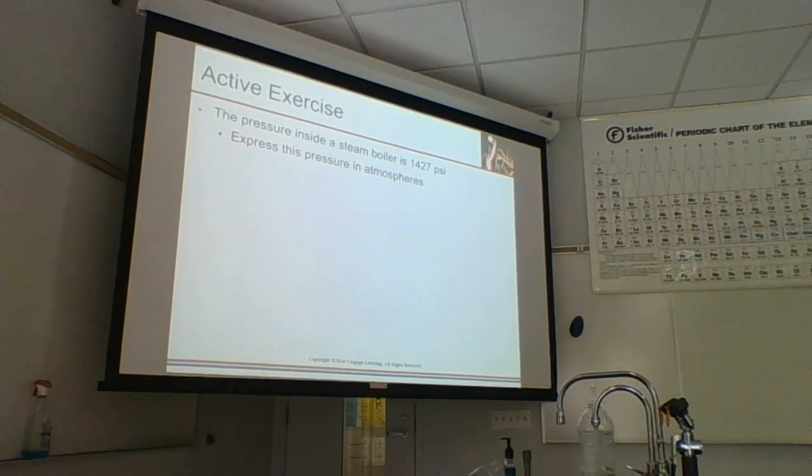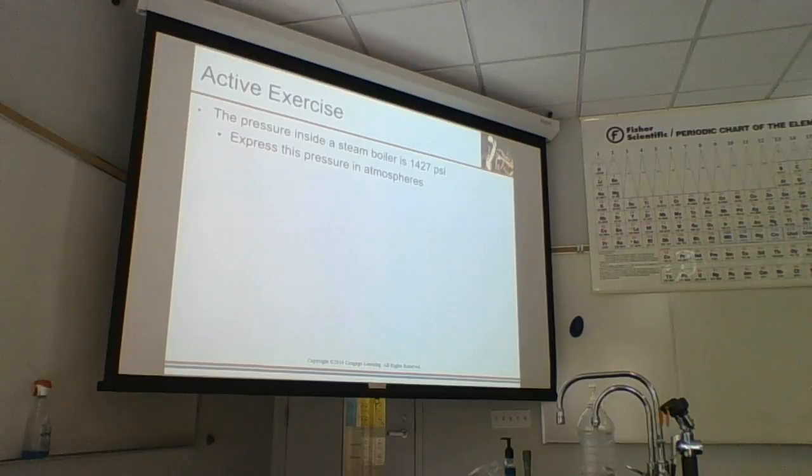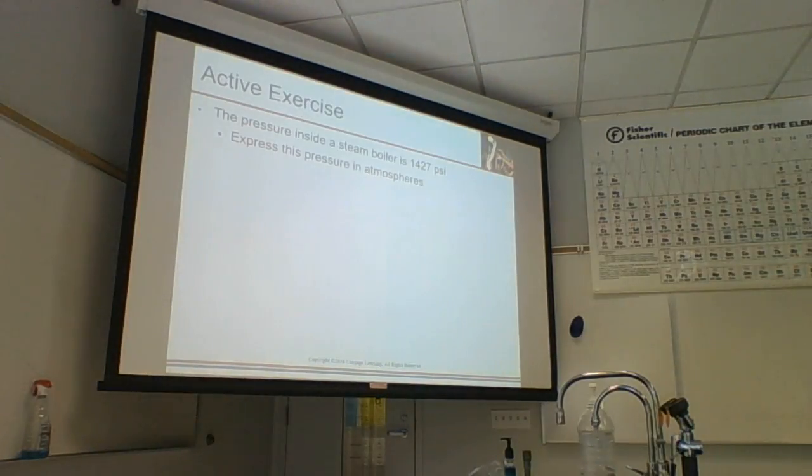All right, sometimes we want to do some straight conversion with the pressure unit. The pressure units depend on who's measuring the pressure. People have preferences. Some people like PSI. Some people like millimeters of mercury or torr. Some people like atmospheres. I like atmospheres myself.